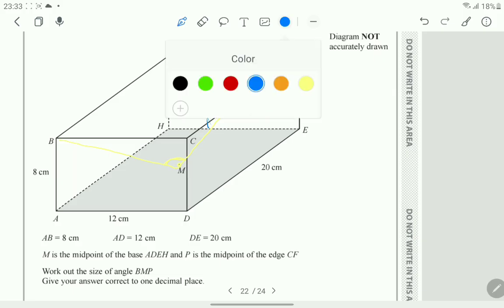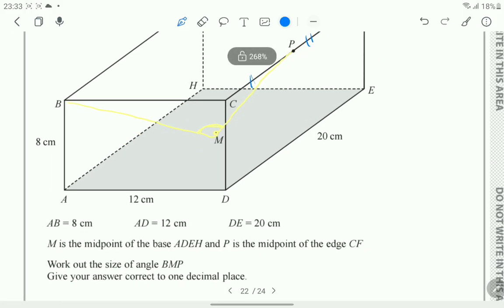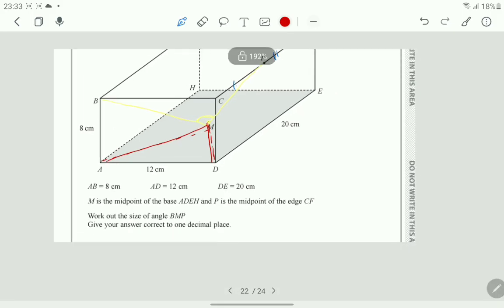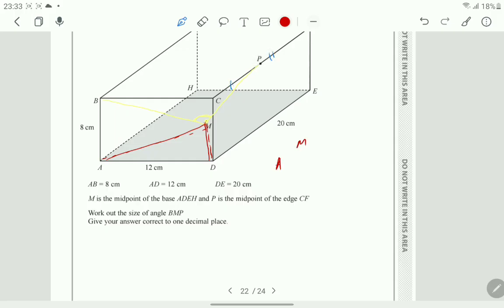So we need to find this angle, and to get there we need a couple of steps. So starting off, let's imagine a triangle here first. I am using different colors for your convenience in tracking where I'm going with each color. So we have a triangle MAD.